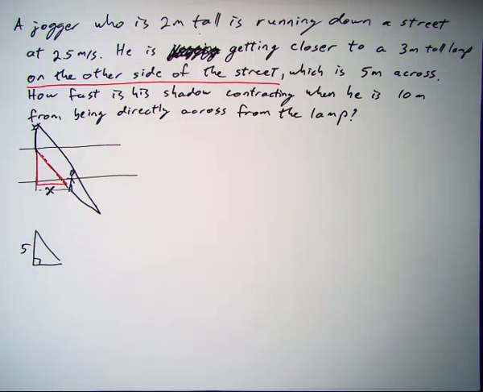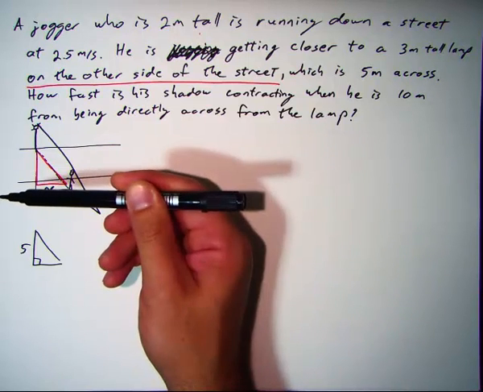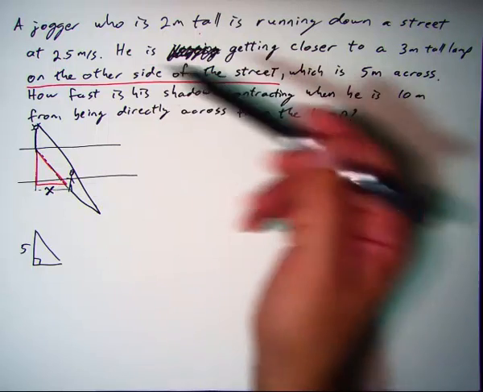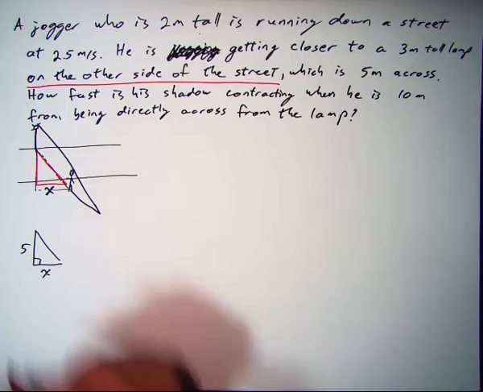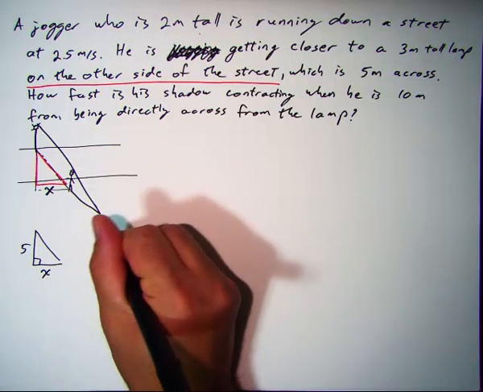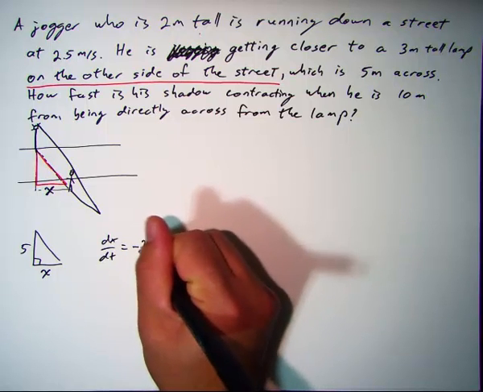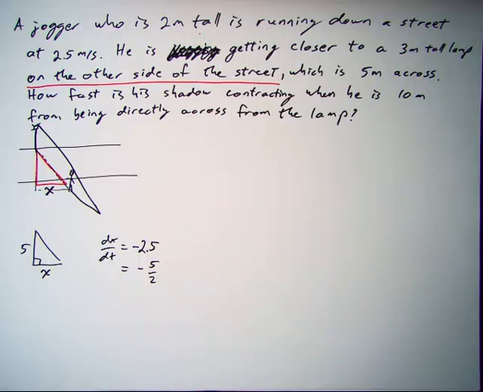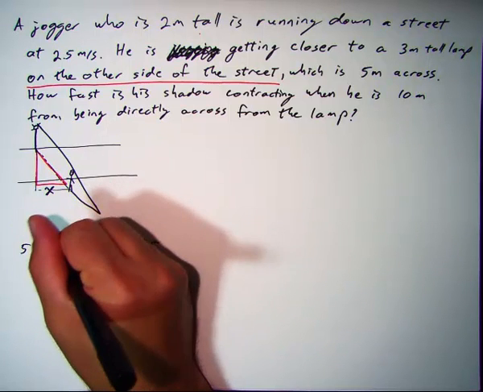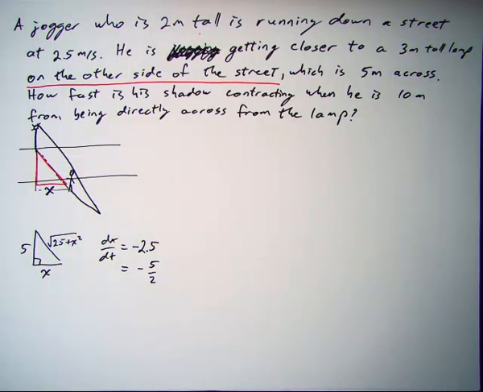I'll call this distance x, because I know that the runner is going this way, so I know dx by dt is this value. So this right here is x, and dx by dt is negative 2.5, or probably better, negative 5/2. So this right here is root 25 plus x squared, just by Pythagoras.